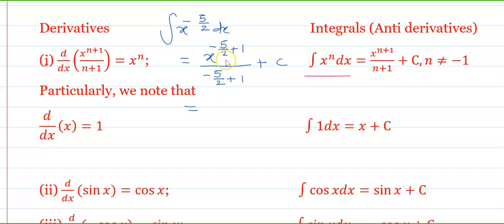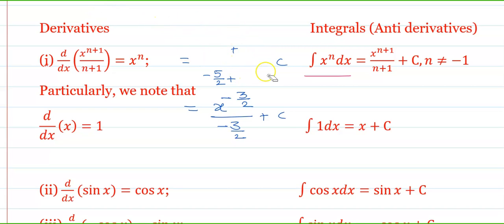If we evaluate it, you will get x raised to minus 3 by 2 upon minus 3 by 2 plus c. It means that if you want to find the integral, add 1 to the power and divide by that sum, then you will get the integral of that function.